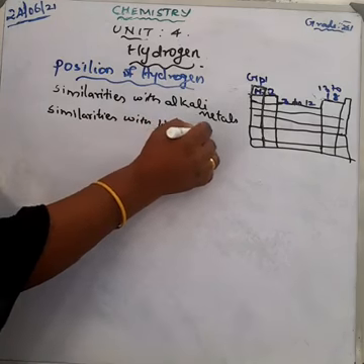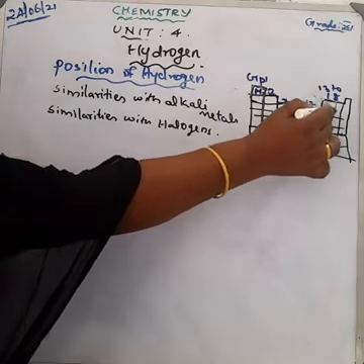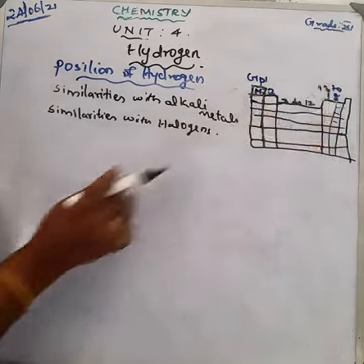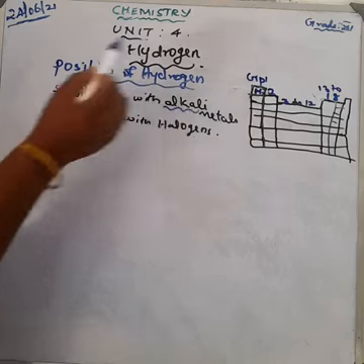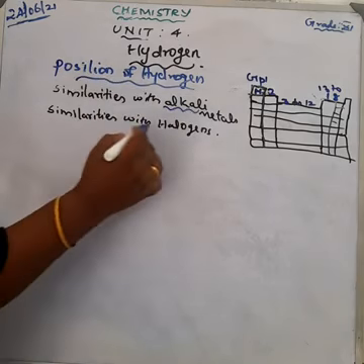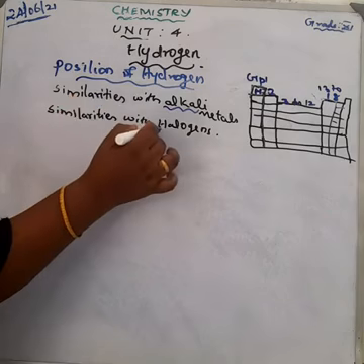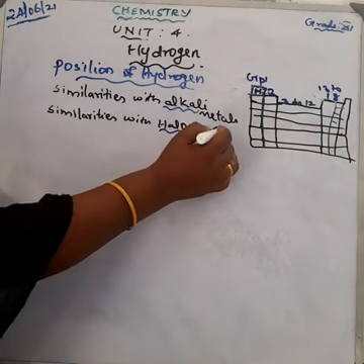Halogens, you know, are the group 17 elements. Some properties of the hydrogen atom are like the properties of alkali metals, and some properties of the hydrogen atom are similar to the halogens, group 17 elements. Alkali metals means group 1 elements.